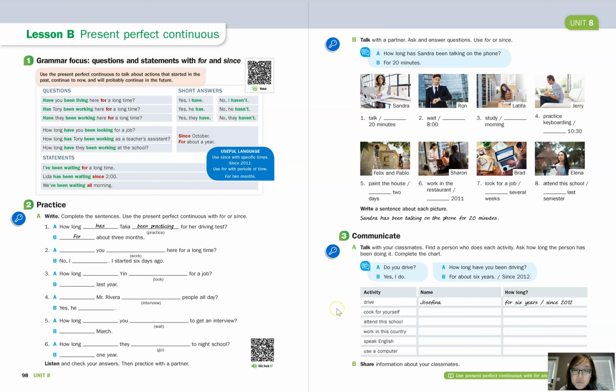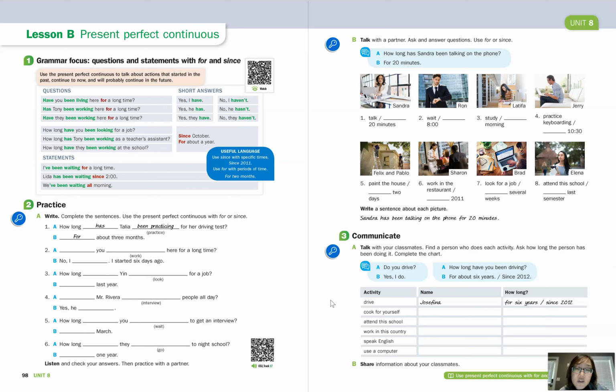Okay, so for drive, we can ask, how long have you been driving? Or if you want, you can use Josephina since she's in the example. So you can say, how long has Josephina been driving?